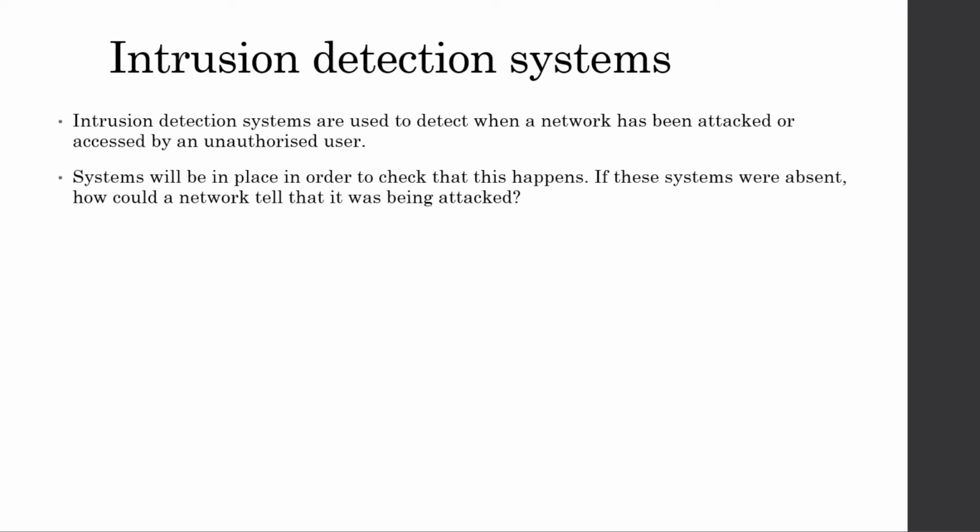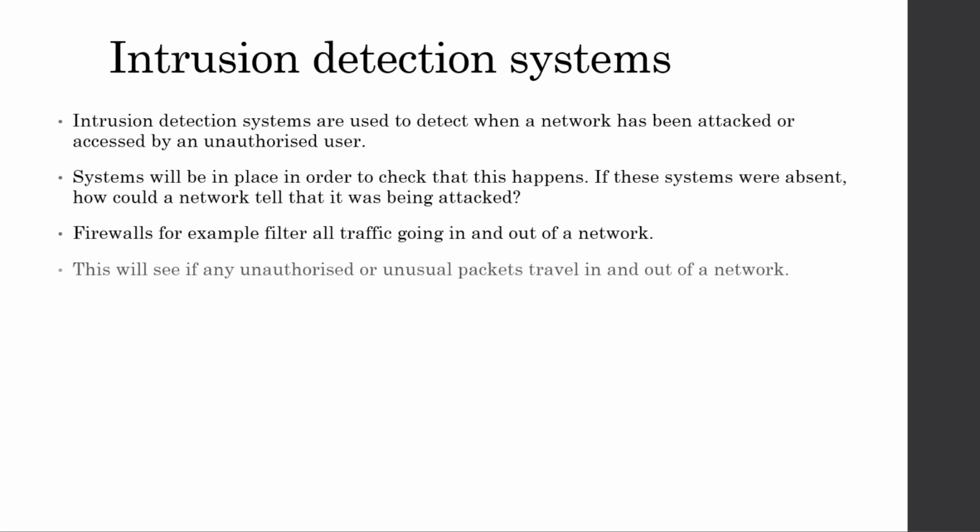Systems are in place to check that if something does go wrong, it notifies everybody and says something is really wrong here. Firewalls are used to filter traffic in and out of your network, and they will usually pick up if anything weird or erroneous comes through, so they will tell you, oh dear, there's a virus or something coming through.